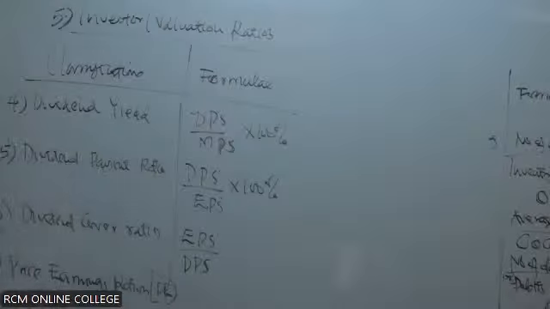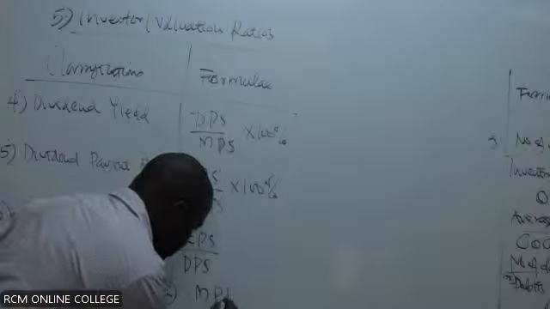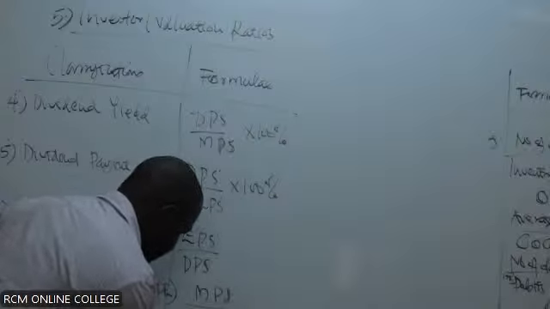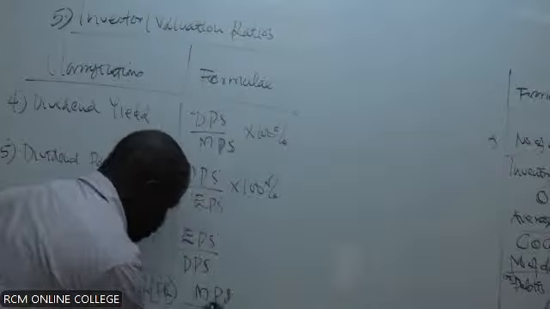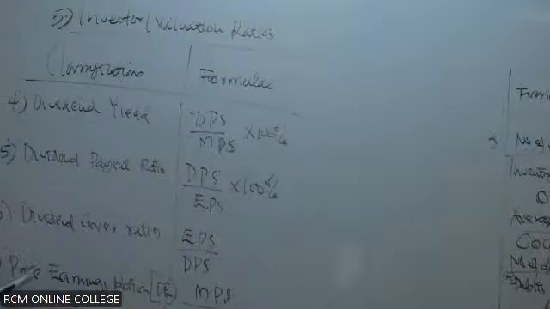For the PE ratio, you take the market price per share and divide it by the earnings per share. So you get the price earnings ratio.